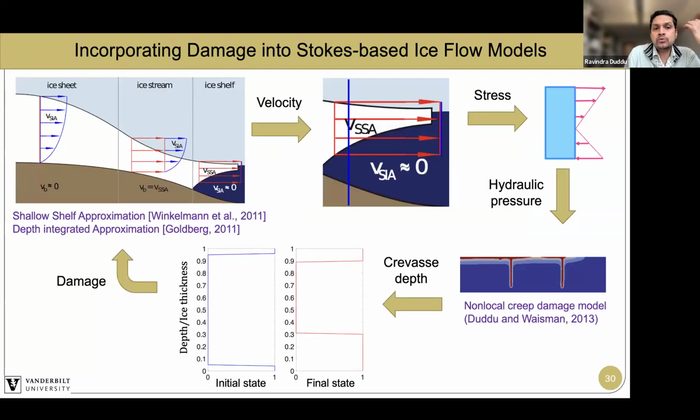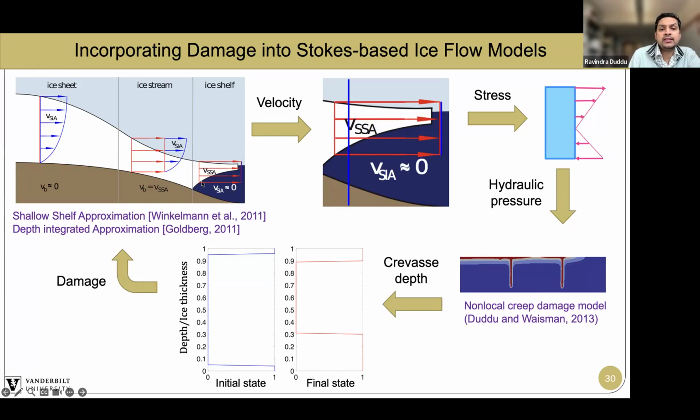And to do that at the scale of the Larsen C ice shelf, we couldn't have done a full Stokes or a full 3D stress solve like we did before for the phase field. So we had to work with a shallow shelf approximation.